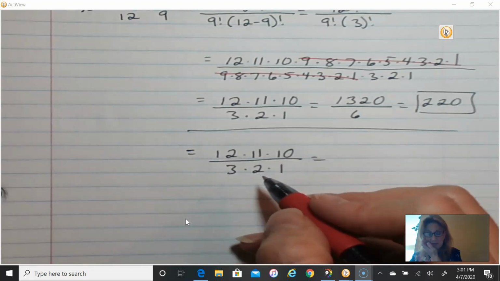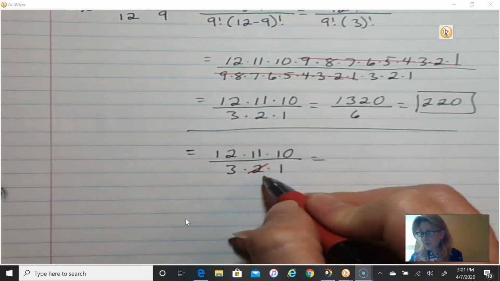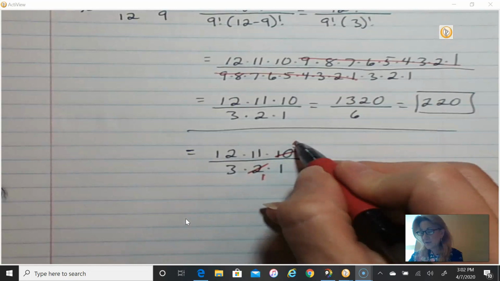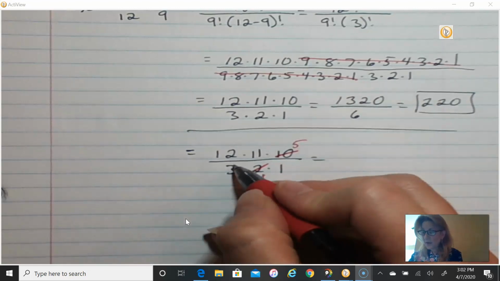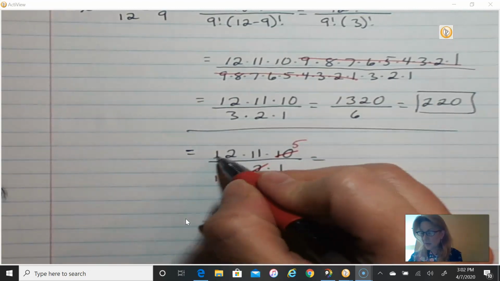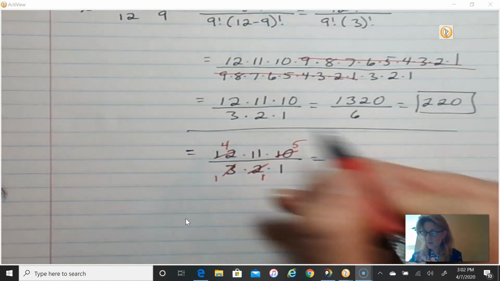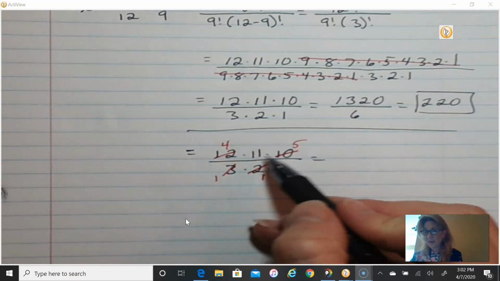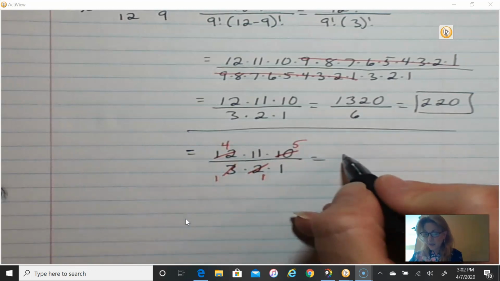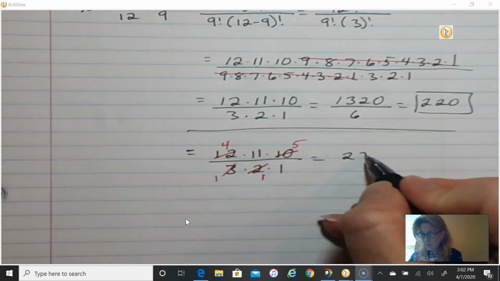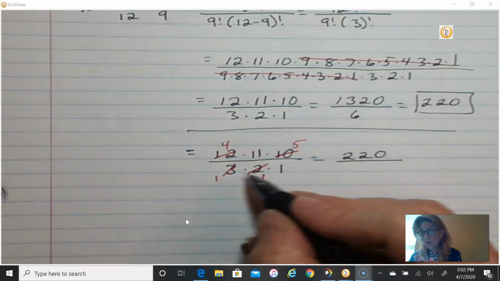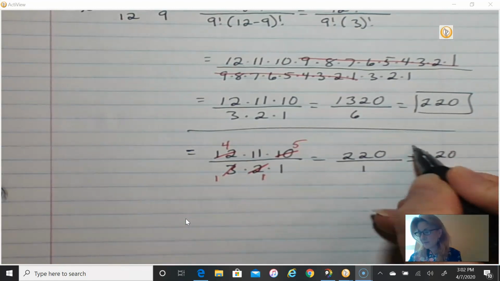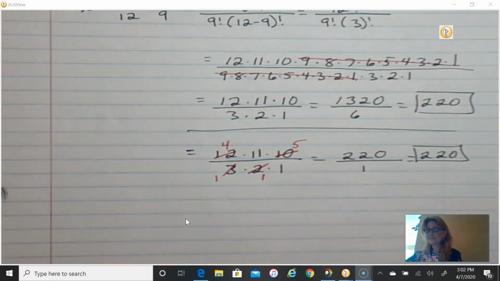Remember, I want to do as many as I can. So 2 goes into 2 one time, and 2 goes into 10 5 times. 3 goes into 3 one time, and 3 goes into 12 4 times. So then we multiply across, 4 times 11 times 5, and you get 220. 1 times 1 times 1 is 1. There you go.